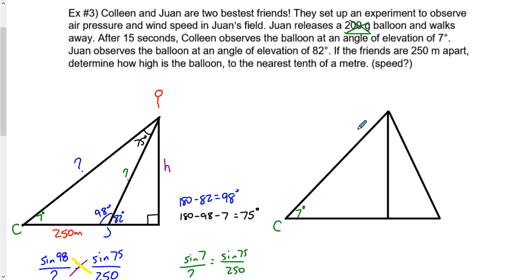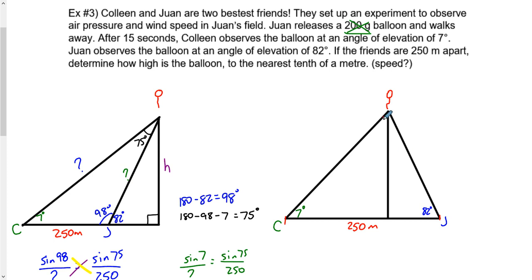Colleen is 7 degrees away. Our balloon is up there. Juan sees an angle of elevation of 82 degrees. The entire distance that they are apart from each other, 250 meters, which means we're going to have to do a little bit more work.